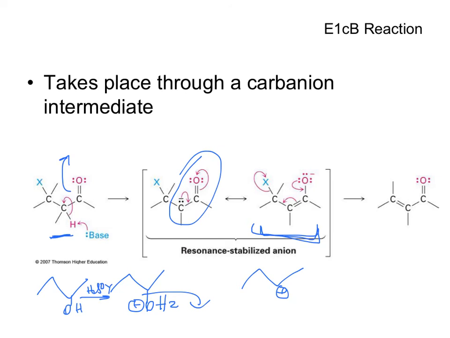So this is kind of a rare event, but it is possible if your beta carbon is connected to anything that's electron withdrawing.